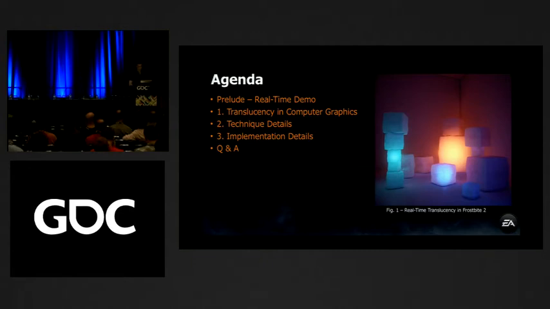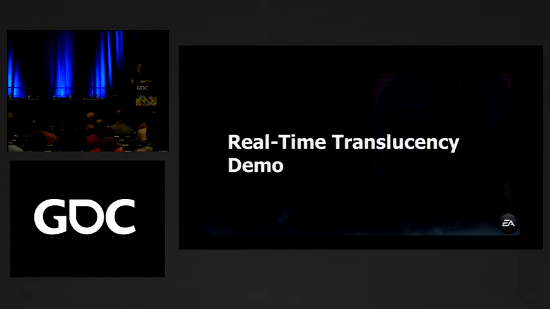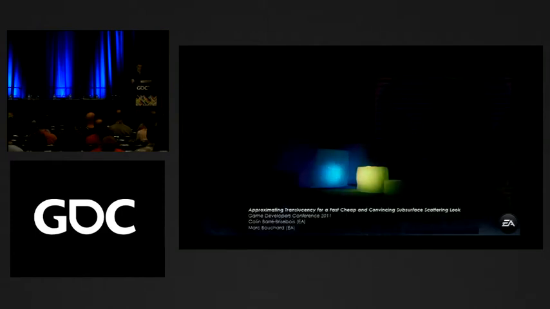Once that's done, we'll revisit translucency briefly, the current state in the games industry, and how our technique differentiates itself from previous implementations. Then we'll go into the full details of the mathematics behind how this works, so that it's easier for you to implement this in your next game. So let's begin with the demo.